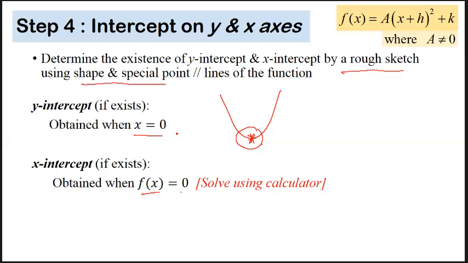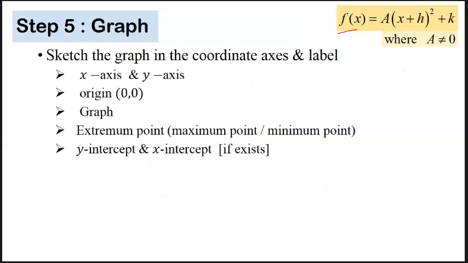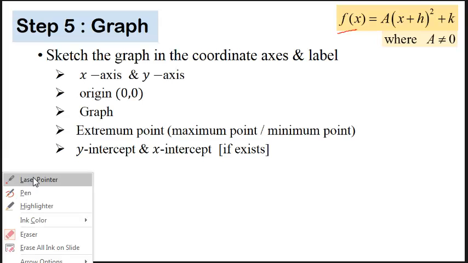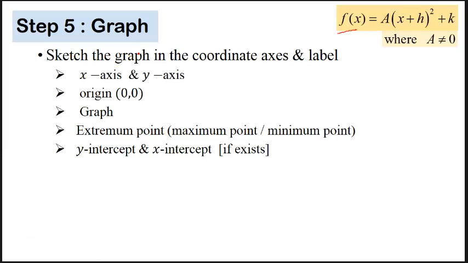Once the x and y intercepts are identified, we have the last step, which is sketching the graph. Once you have sketched the graph, please remember to label the x and y axes, the origin, and the name of the graph. If we have the function f(x), the name of the graph is f.